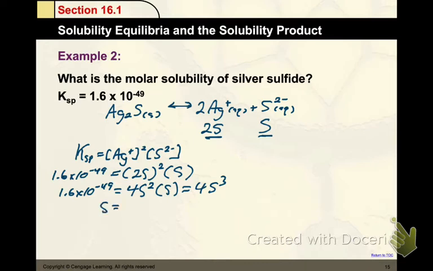So doing this, I'll get S: 1.6 times 10 to the minus 49 divided by 4 and take it to the cube root.